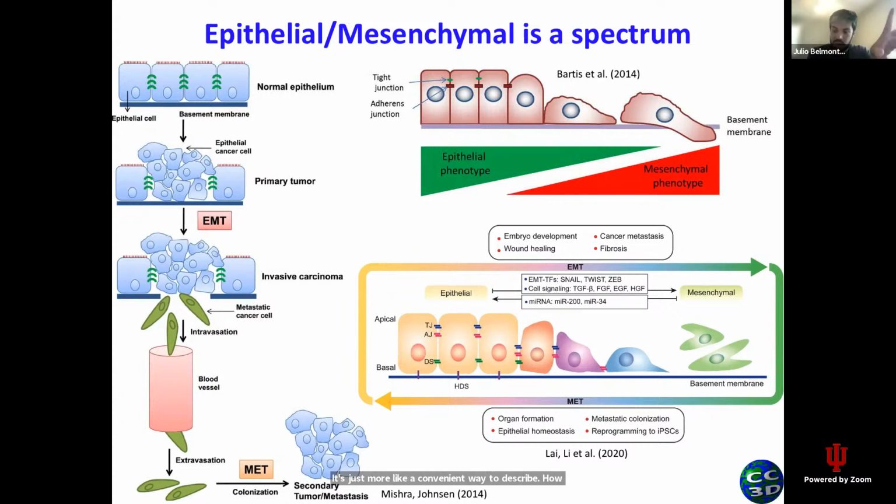What we have in reality is a spectrum of epithelial to mesenchymal characteristics, and at any point in development, a cell can be more epithelial-like or more mesenchymal-like. So there is a continuous transition between one type and the other type.